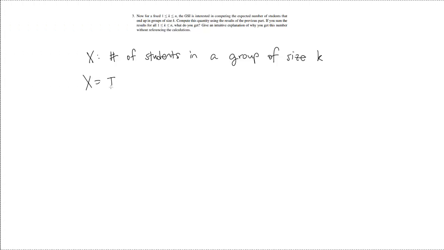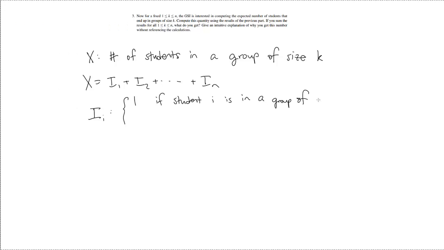Let's call them I1 up to In, where Ii is 1 if student i is in a group of size k, and 0 otherwise. And we want to compute the expectation of X.